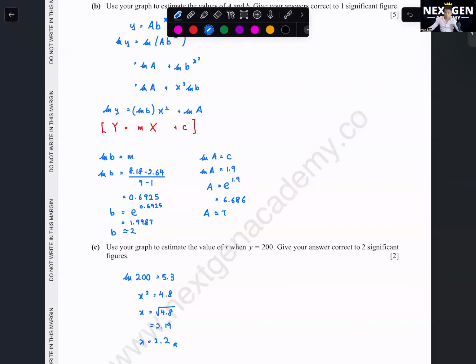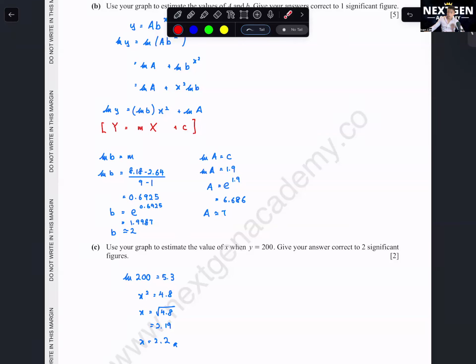Why on the graph do we use C equals 1.9? What do you mean why? Because we want to find the y-intercept. The C value is the y-intercept. You see, ln A represents C. You thought it starts at 1?